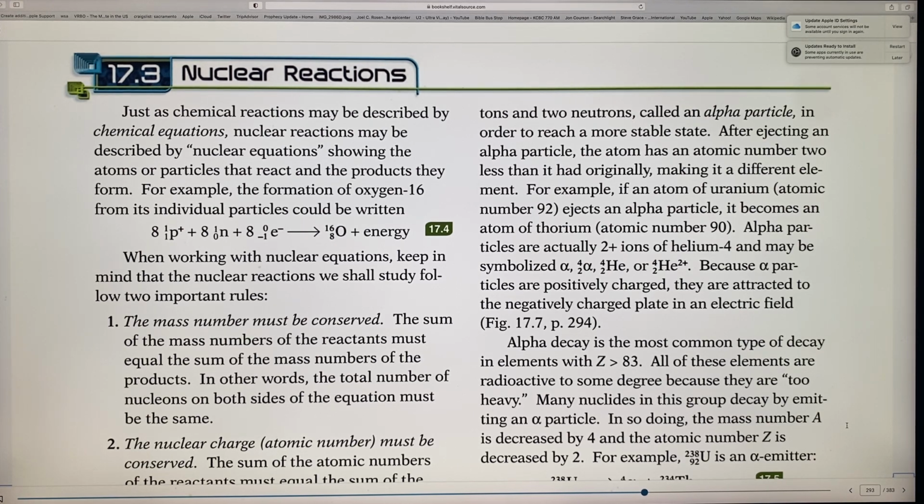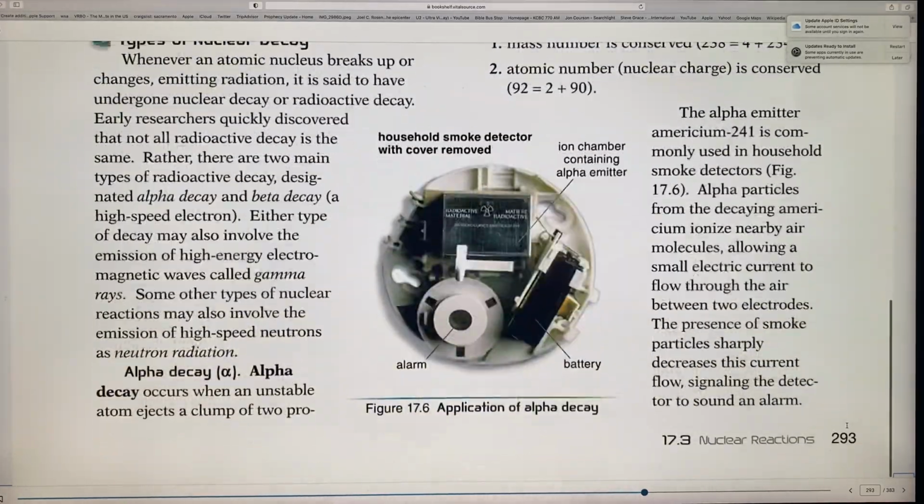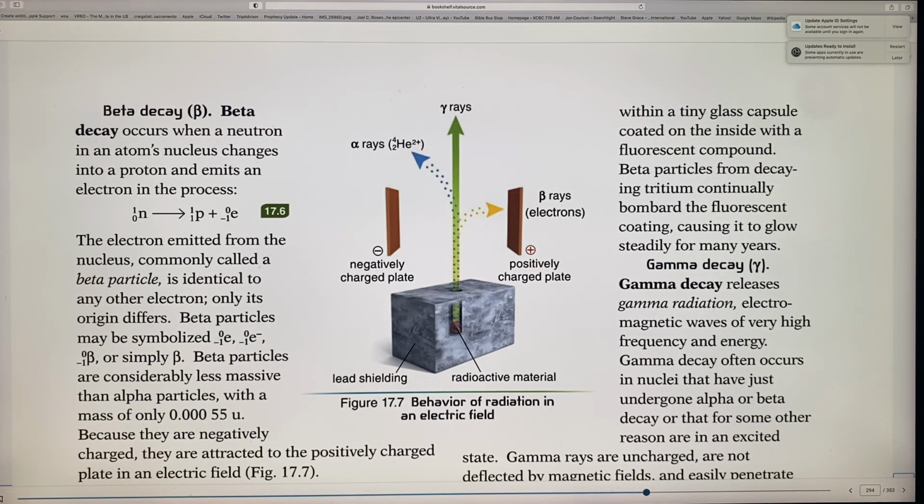Also, it's positively attracted to the negative charge plate. So let's look at that charge plate thing. They're talking about the charge plate. Let's look over here. Here's the charge plate. You see how an alpha particle is positive, so it's going to want to go to the negative charge plate, or the negative side of the charge.